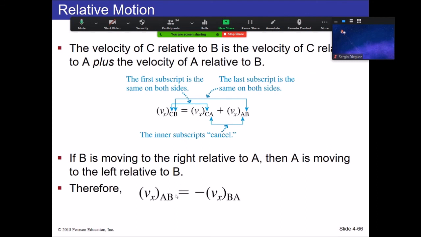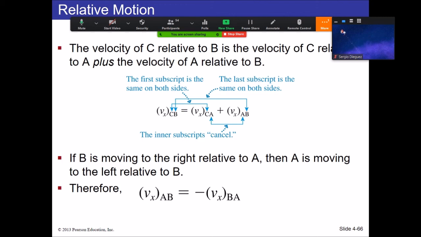Now, what I was trying to say before here is, due to relative motion, if we see frame A moving to the right at a particular speed, say 30 meters per second to the right, well, guess what A is going to say? A is going to say, according to me, I see B move at the same speed in the other direction.